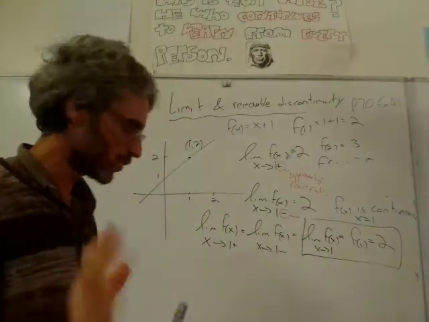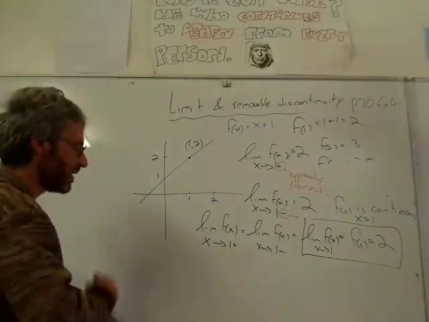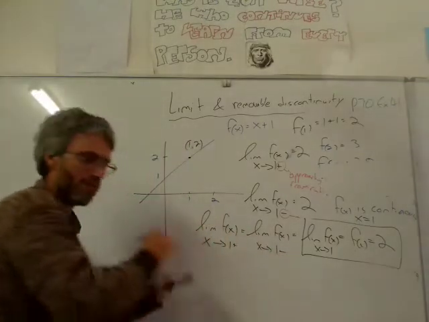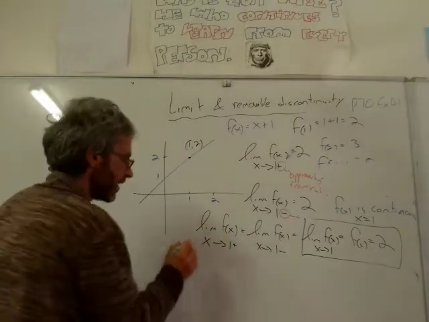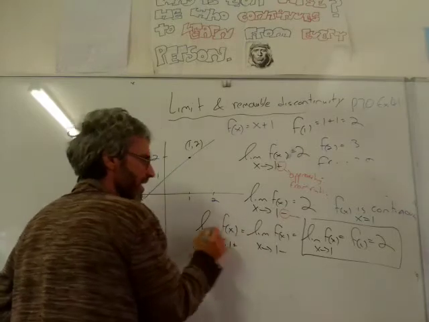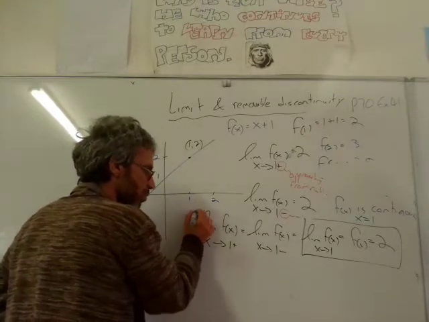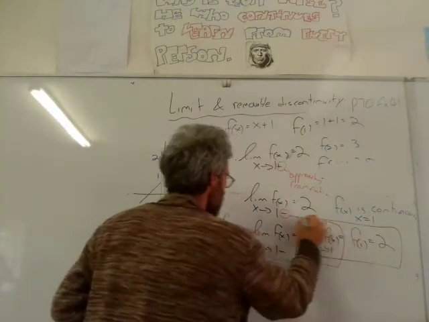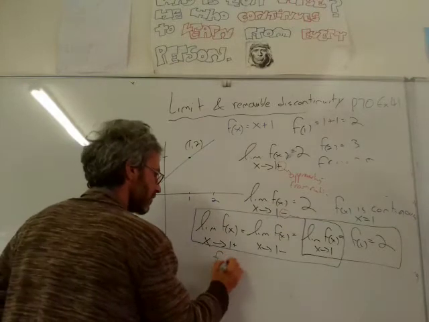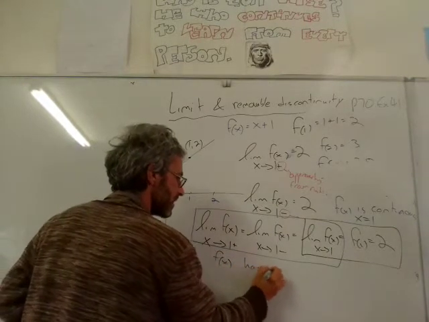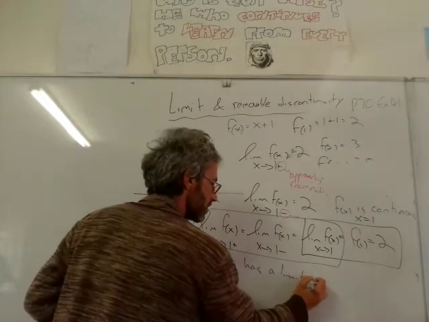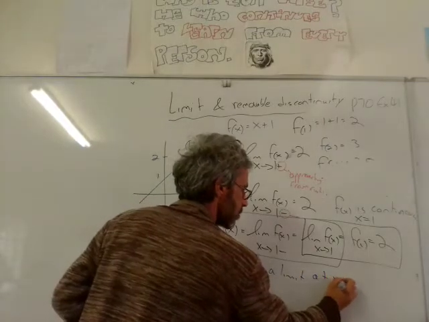Okay? So let me just summarize up to here. You know how to find the limits from the left or the right. If the limits from the right and the left are the same, they are equal to each other, then we can say f of x has a limit at x equal 1.